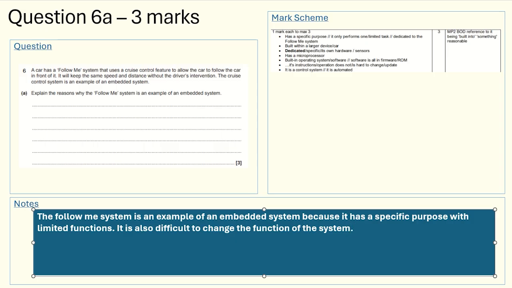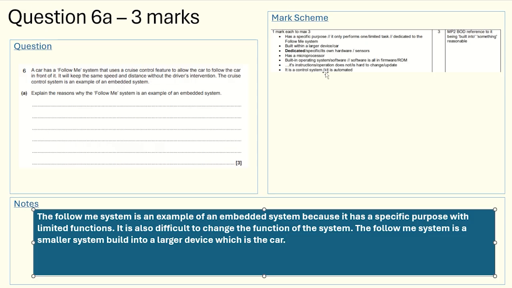Okay. We also know that embedded systems are built into larger devices. So we could say that the follow me system is a smaller system built into a larger device, which is the car. Okay, so that should get us 2 marks at the moment.